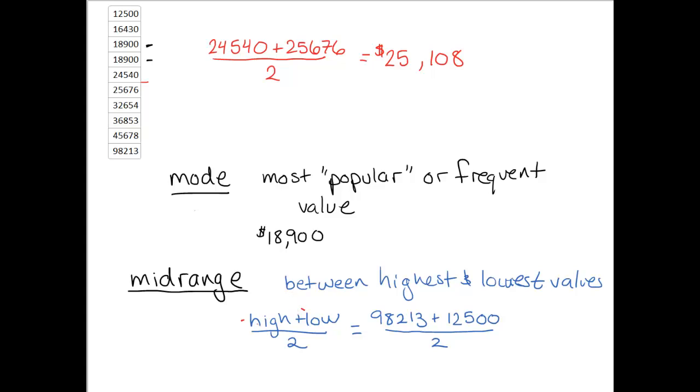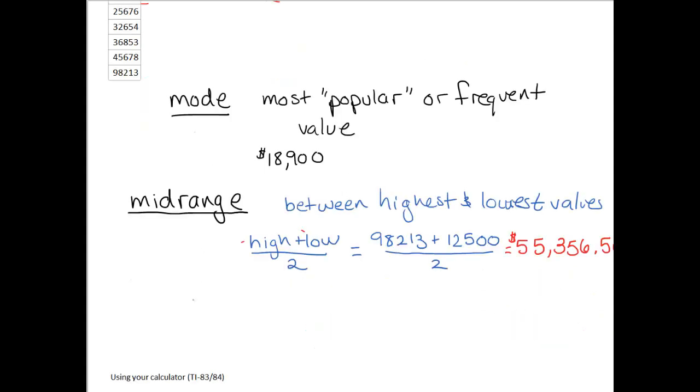We're going to add them together and divide by 2. This is getting our number right in the middle of those 2. So in this case, our midrange comes out to 55,356 and 50 cents.